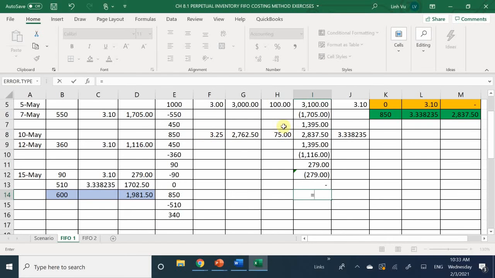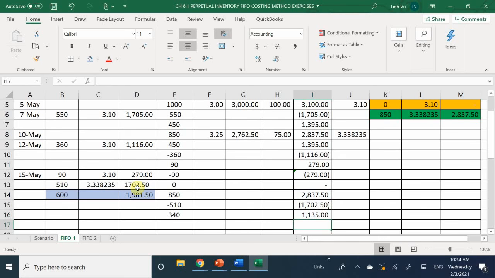So 850 should be the 2837.50 minus this 1702.50. So therefore, I should get an even number of 1135 even. Okay, and of course you come up here, and if you change this number here to 340, it reflects in my balance to be the 1135.